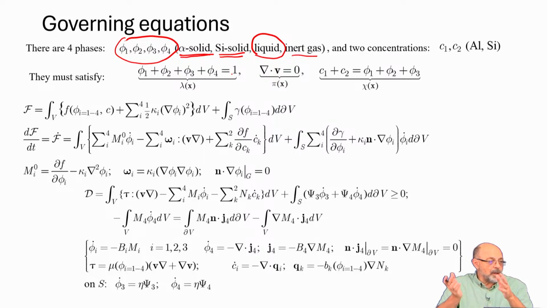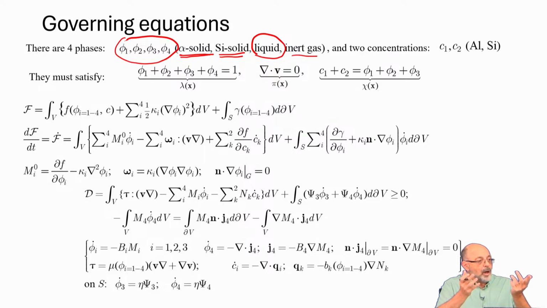So I'm either in one phase or in the other, and if I'm not in any single phase, then the sum of all the phases must add up to 1. Right. So in this case, previously we have dealt with a single phase field, because we had only 2 phases. When we have more than 2 phases, we introduce multiple phase fields.